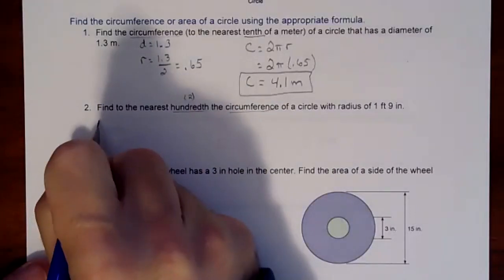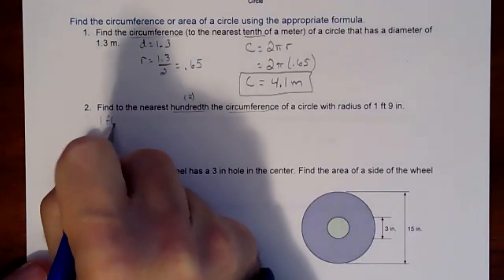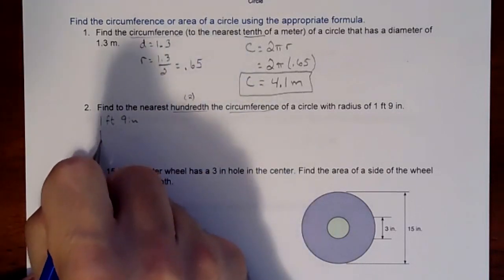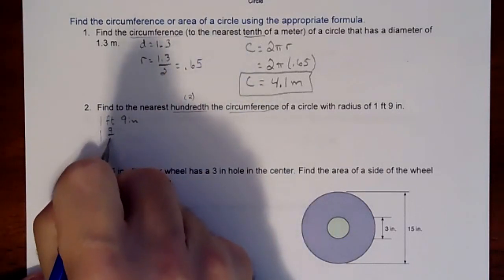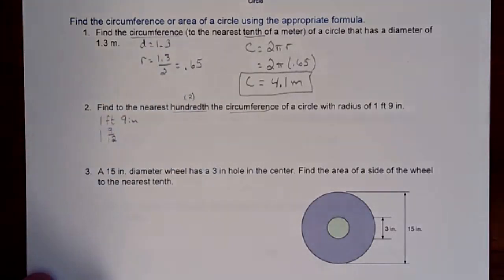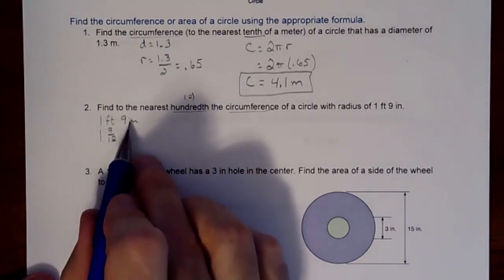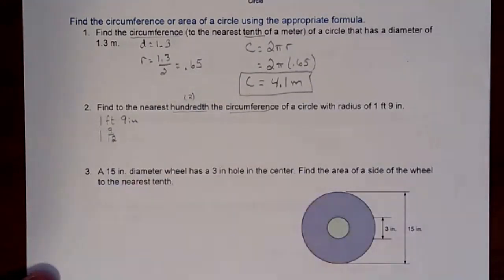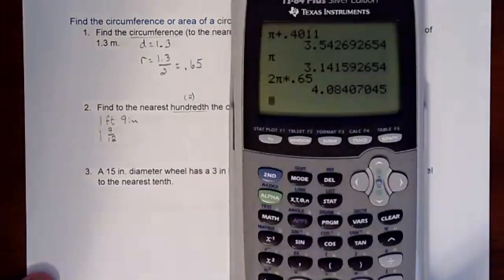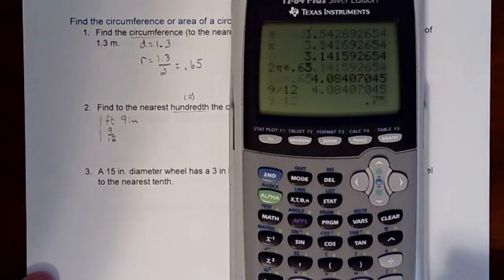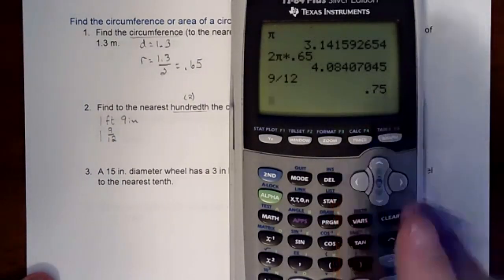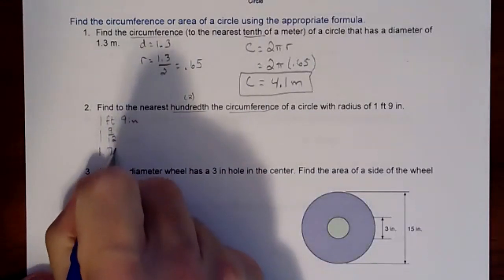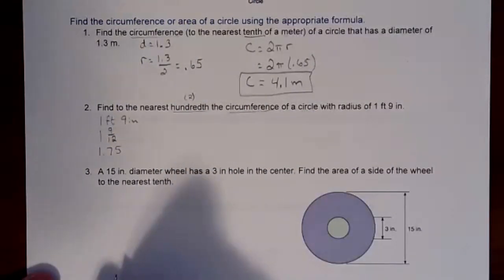So let's do a little math here. 1 foot 9 inches is 1 and 9/12 of a foot, because 9 inches is 9 out of 12. And 9/12 is going to get us our decimal: 0.75, so 3/4 of a foot. So 1.75.